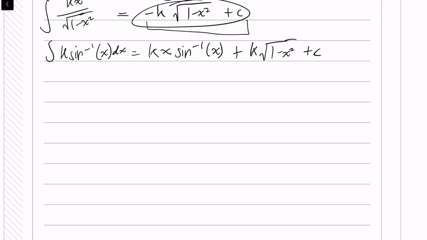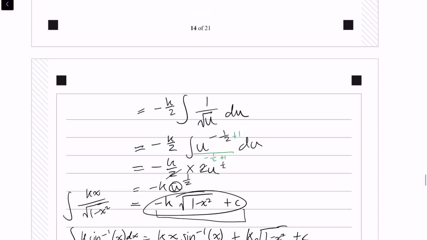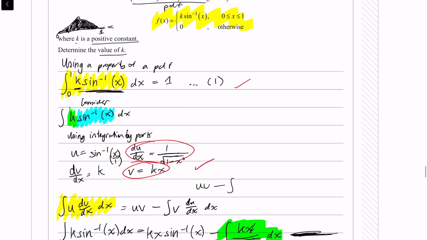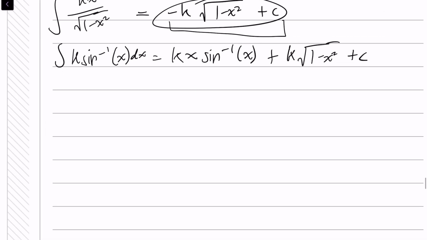And then to figure out what the c value is, actually I don't need to find my c value, it's not important to me because I'm taking a definite integral from 0 to 1. Obviously my c's will cancel out when I do a definite integral.